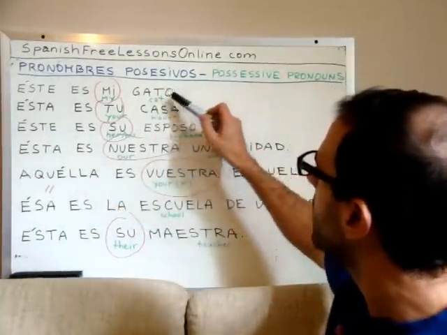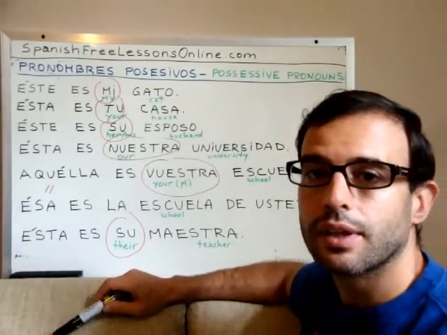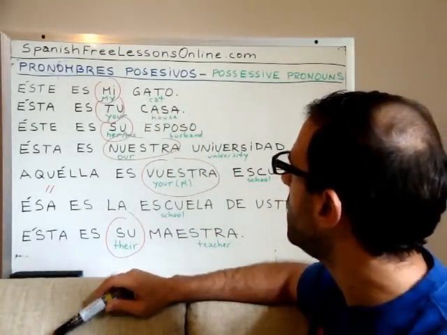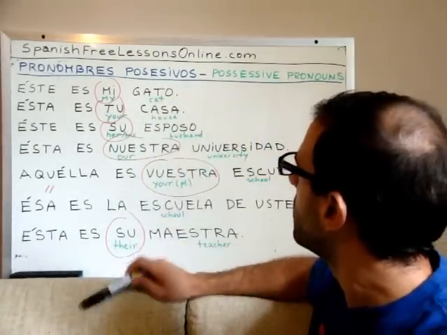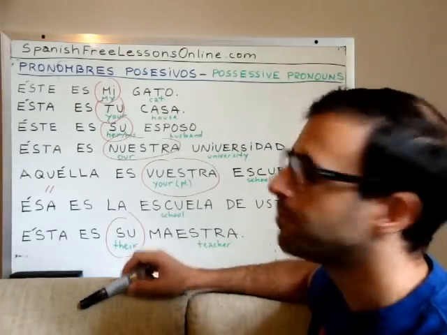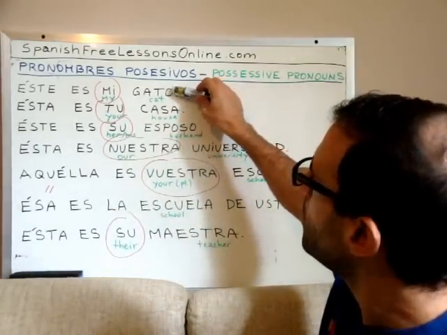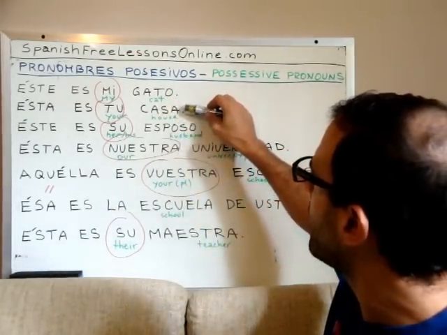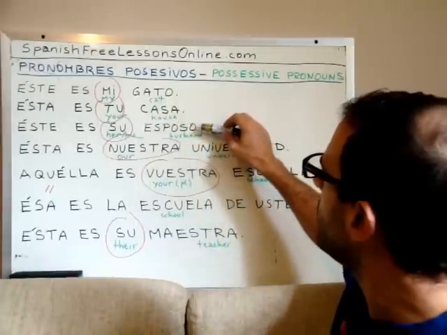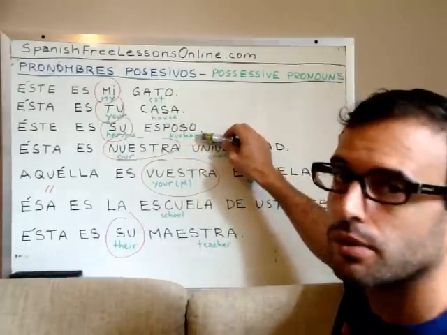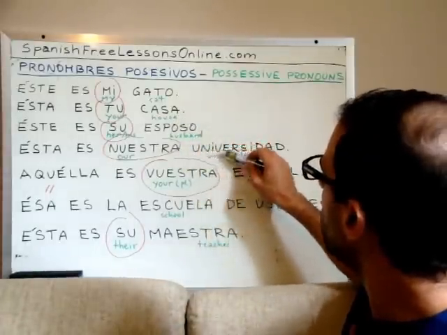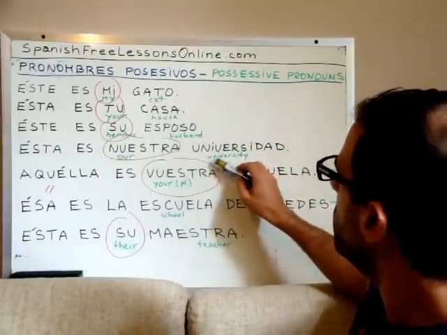And here, in green, I've written the meaning of these new words, this new vocabulary. Gato means cat. Casa means house. Esposo means husband. Universidad means university.